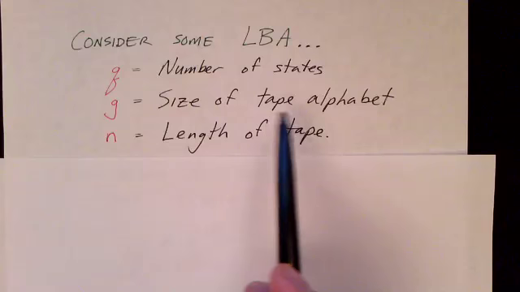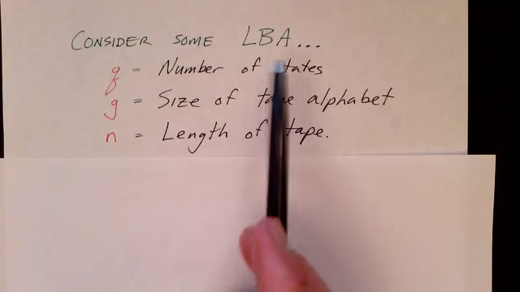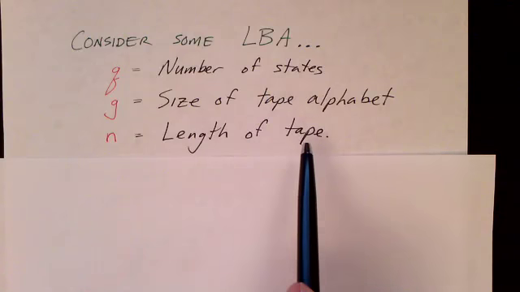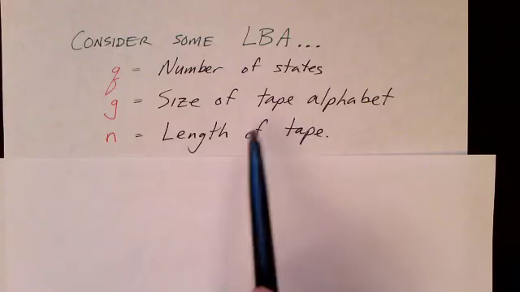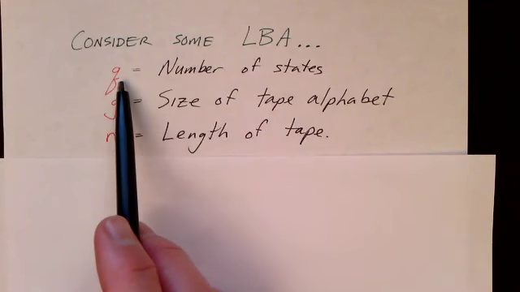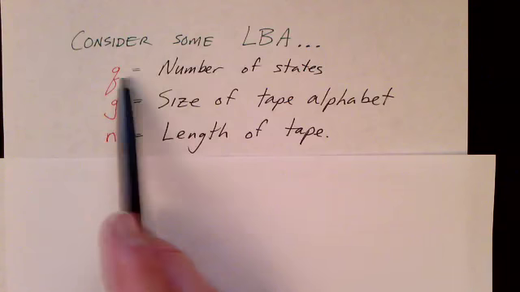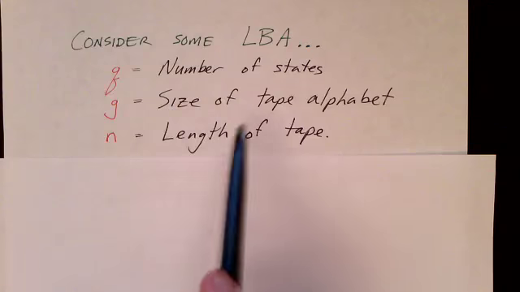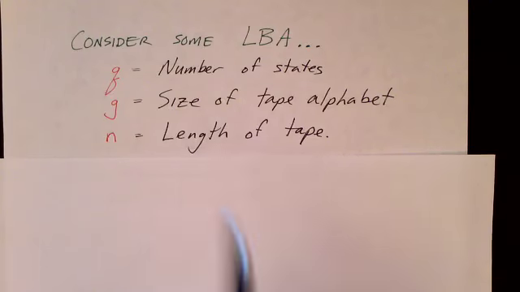The size of the tape alphabet is part of the specification of the linear bounded automaton. And the length of the tape can be computed from the size of the input. So we know each of these. We can use little q to indicate the number of states, G to be the size of the tape alphabet, and N is the length of the tape.